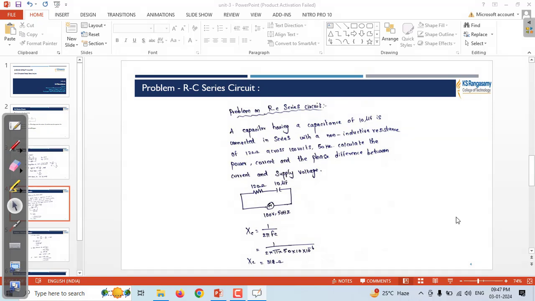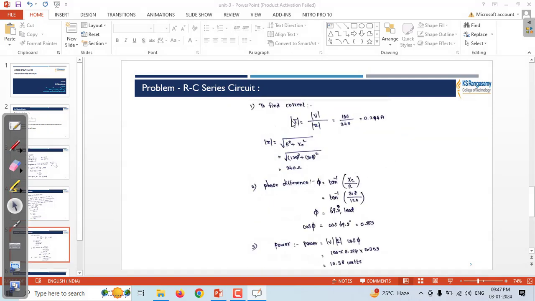So we'll see the first one. To find the current, I equals V by impedance Z. The impedance Z formula is square root of R squared plus XC squared. The R value is given as 120, and the XC value we have to calculate.